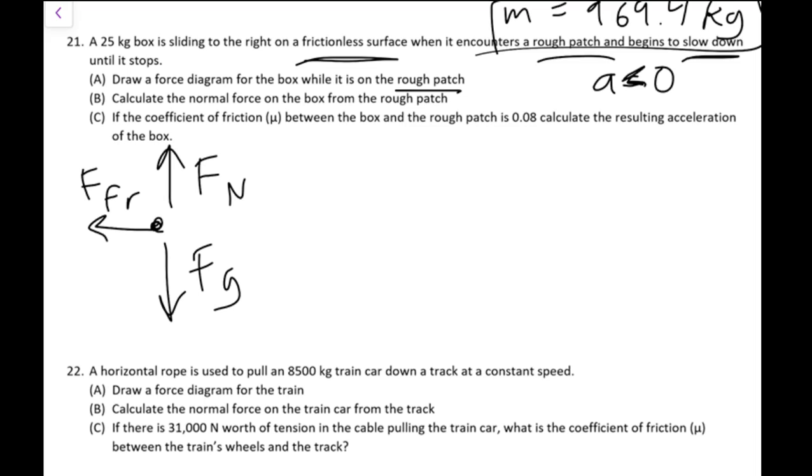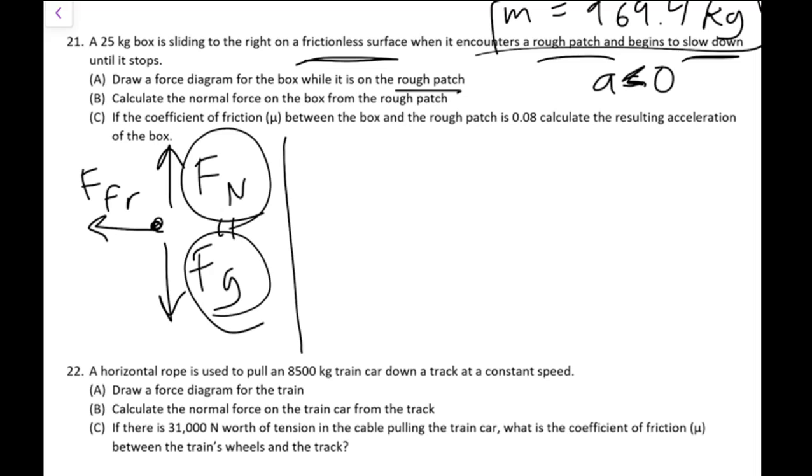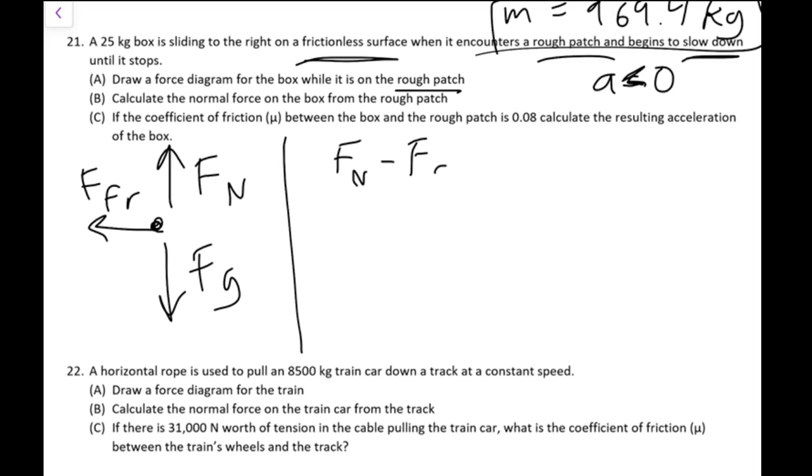Part B, calculate the normal force on the box from the rough patch. So what is Fn? Well, in this case, Fn has to be equal to Fg. These two have to be equal to each other. And the reason is we can go through that same idea from the last two problems. Fn minus Fg, forces going up minus the forces going down equals ma.